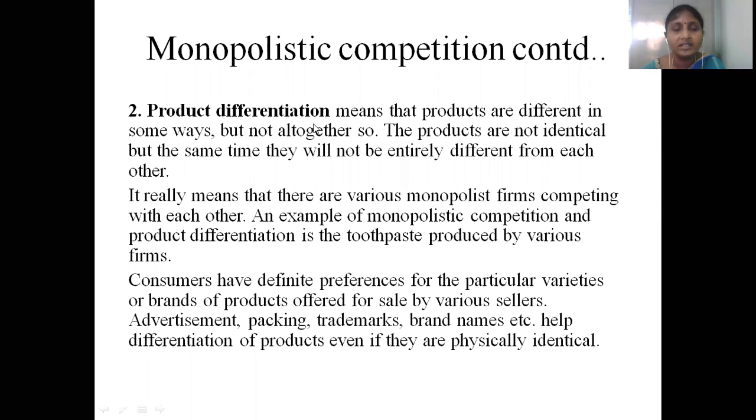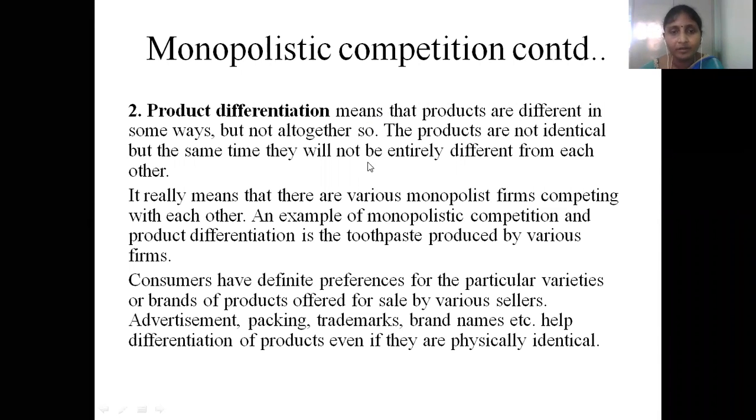What are the other things we have seen? Product differentiation. Whatever products they are selling are entirely different products. In some cases there may be some homogeneous ones also, but there is product differentiation in terms of packet, color, and flavors. So the products are dissimilar. We saw the toothpaste example.